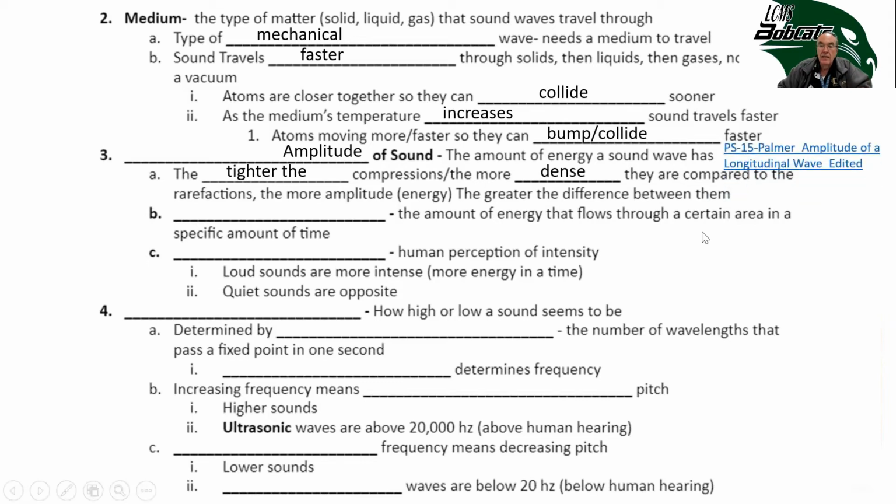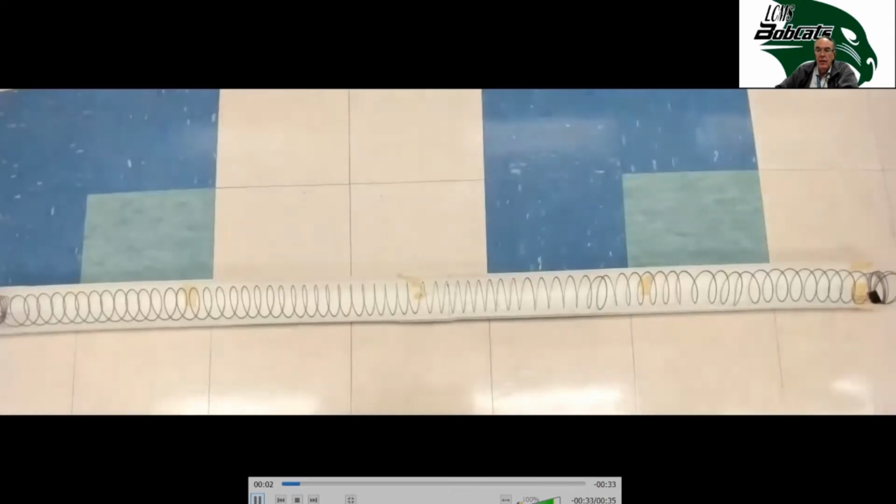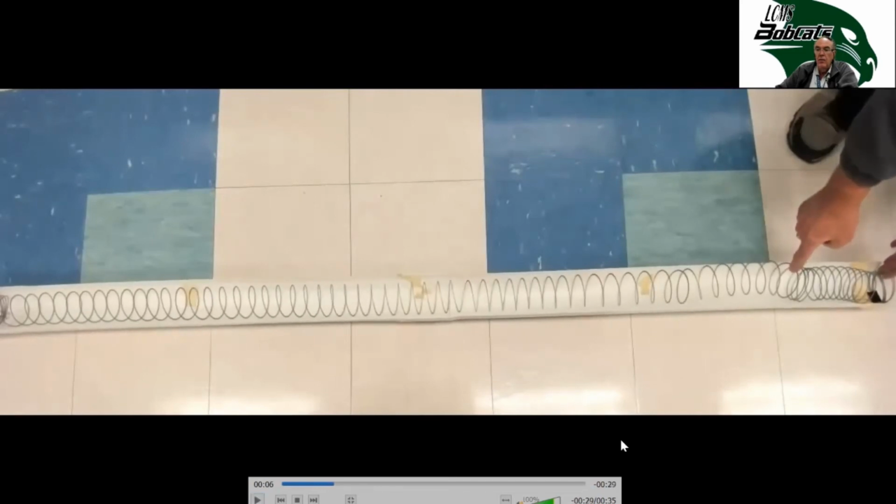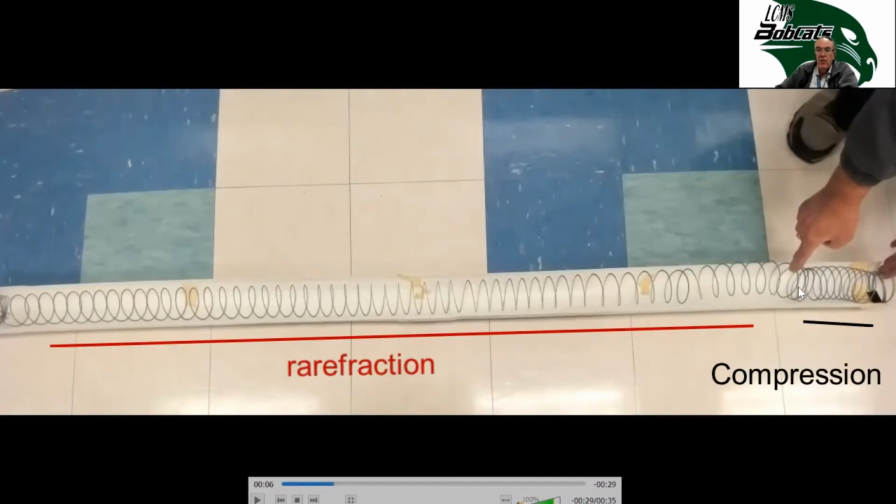And then we're going to take a second look at the video I made about the amplitude of a longitudinal wave. This is a short clip I made to try and demonstrate the amplitude of a compressional wave. Now notice when the spring is pulled back, there's definitely some differences between where the compression is and where the rarefaction is. But there's not a big difference between the compression and the rarefaction.